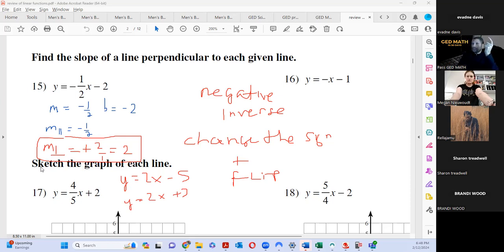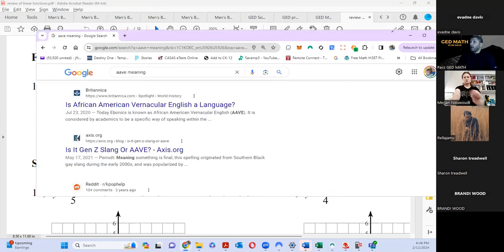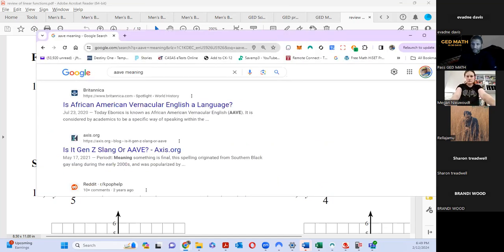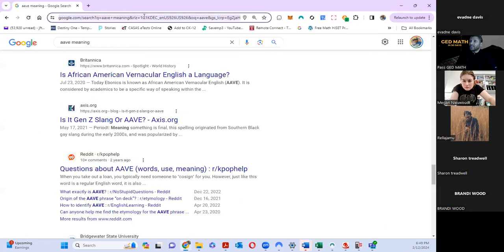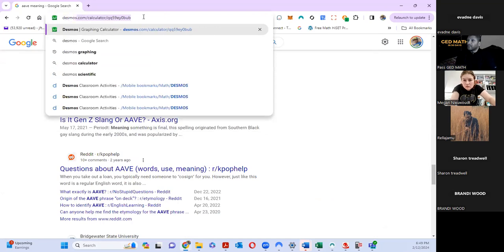Negative 1/2 x minus 2. Let me save this. Let me clear it and go to a program that I love. It's called Desmos. It's an online graphing calculator. Desmos. There we go.